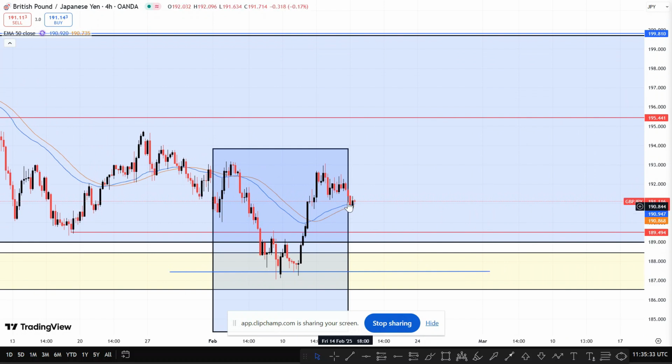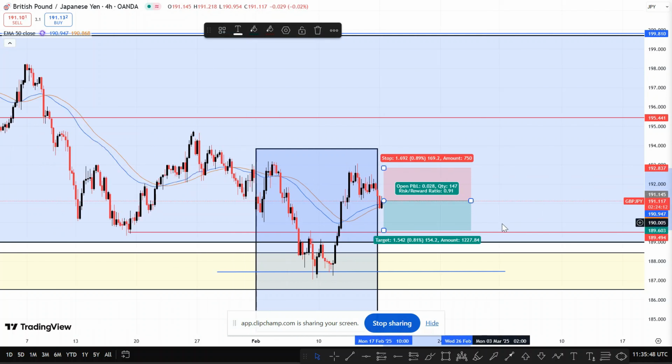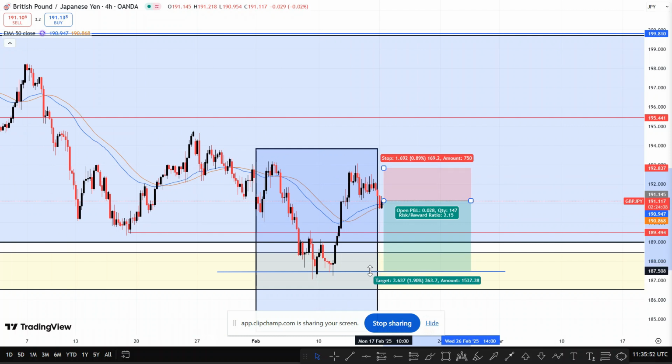As for me, I'm going to target this end. I'll put my short position at this point. Look at it. I'll put my stop loss above the previous high, then target the next one. You see the risk to reward ratio is 1:2, which is perfect.